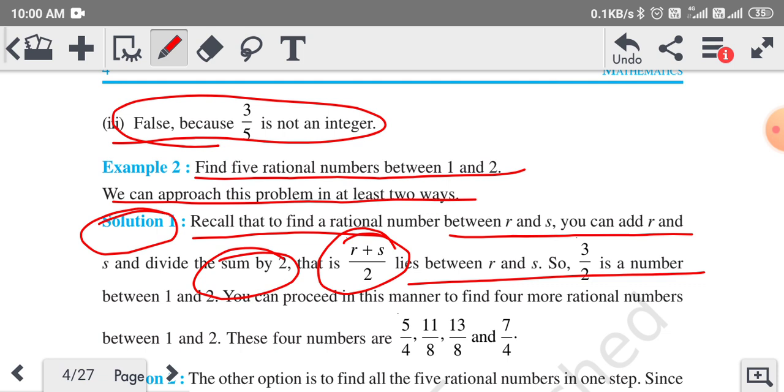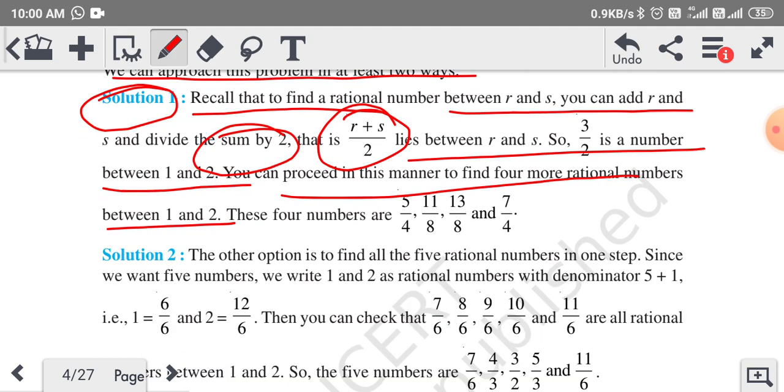So 3 by 2 is a number between 1 and 2. You can proceed in this manner to find four more rational numbers between 1 and 2. These four numbers are 5 by 4, 11 by 8, 13 by 8 and 7 by 4.